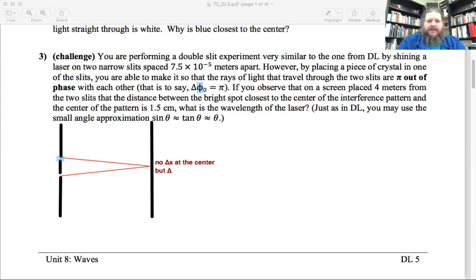Delta little phi equals pi. So there's no delta x at the center because these two paths are still traveling the same distance, but there is a delta little phi that's equal to pi.